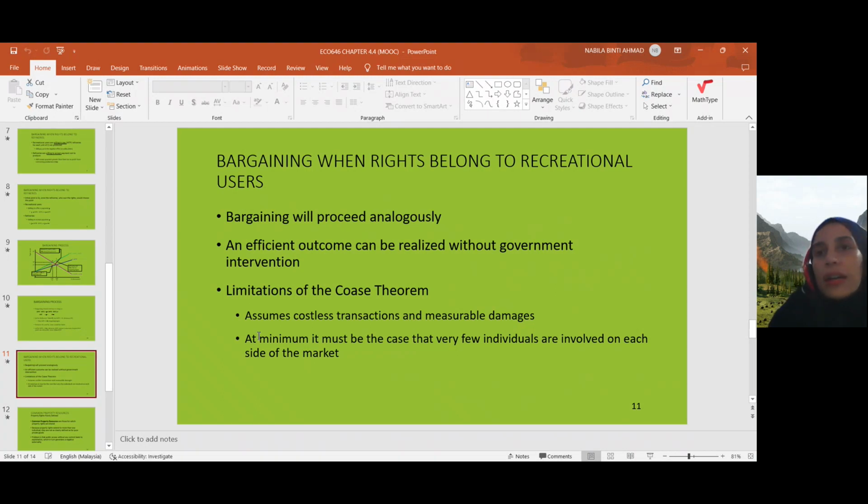So we assume here there are only two segments of people involved in this bargaining process, companies and users, but in reality, there are a lot of people, right?